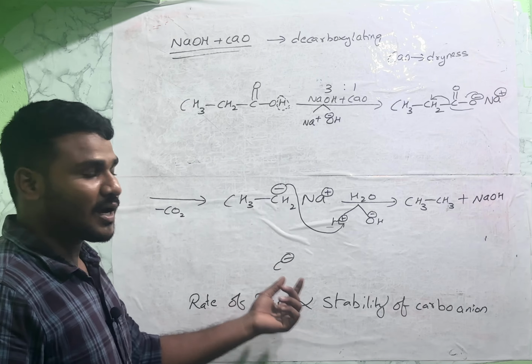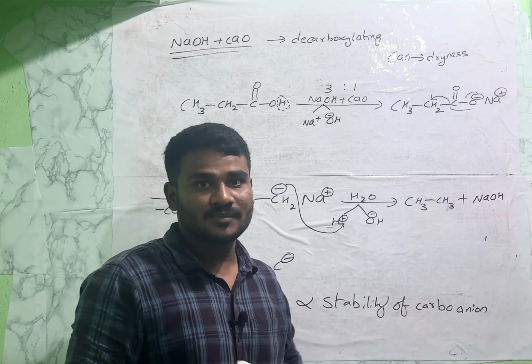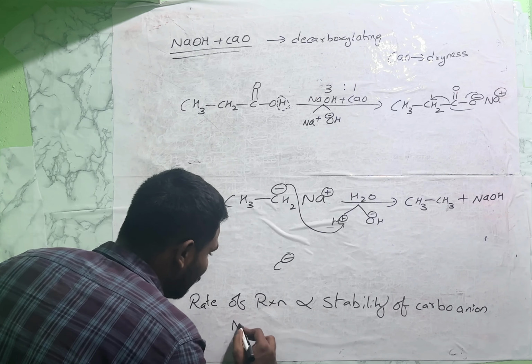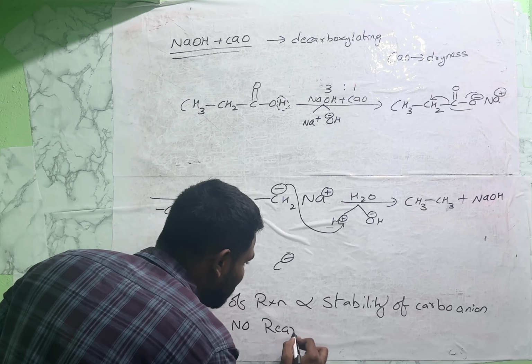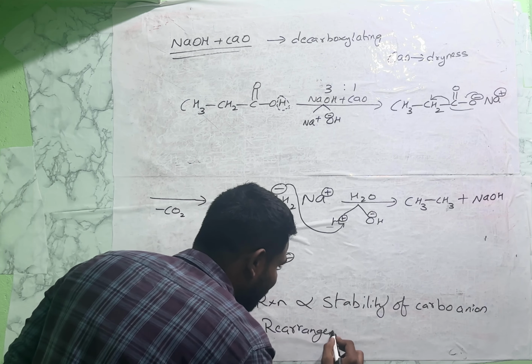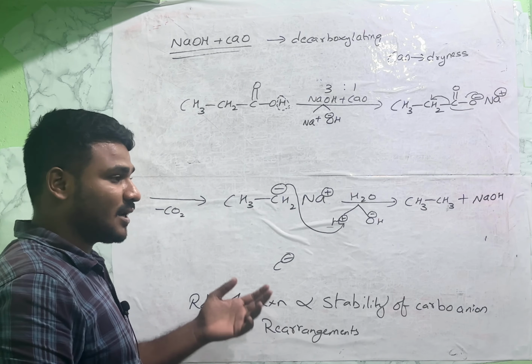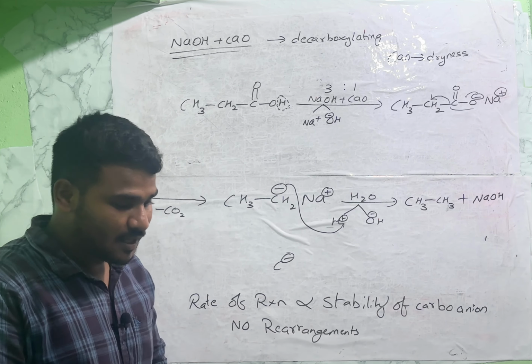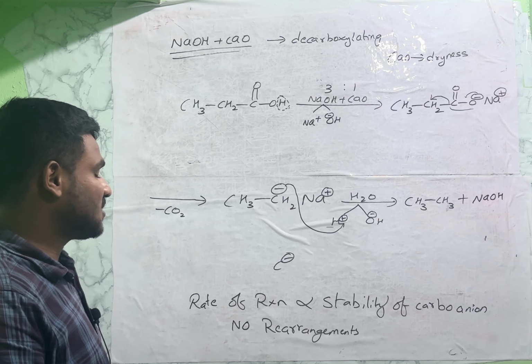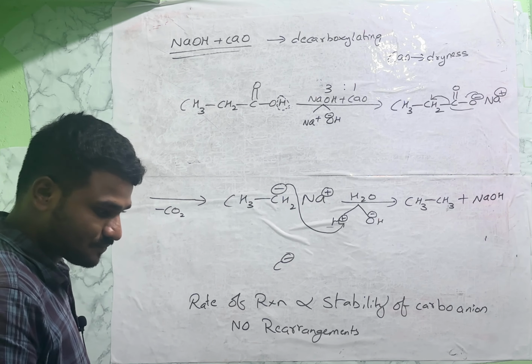After seeing this carbanion, we can say that no rearrangements are possible. Remember these points. You have to keep in mind this mechanism, then only you can know that this reaction is proceeding through the carbanion mechanism. In the carbanion mechanism, no rearrangements are possible.